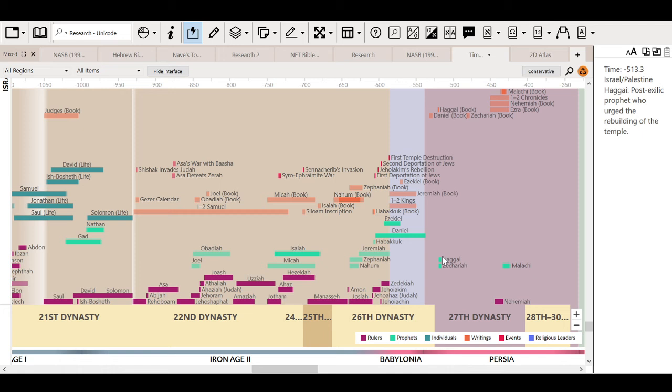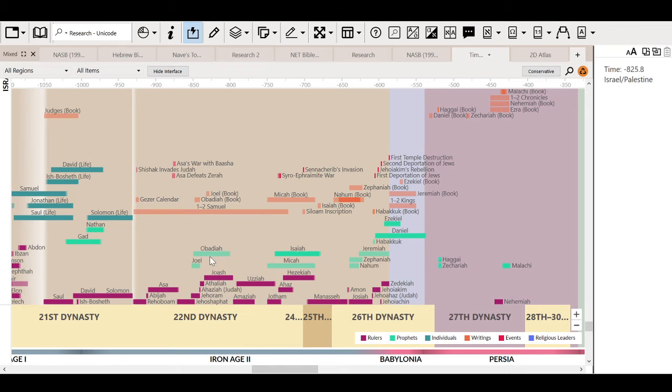This is very useful, especially for us to get an idea where these prophets are placed, during which period.